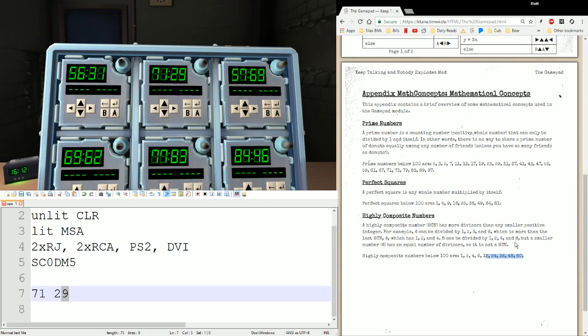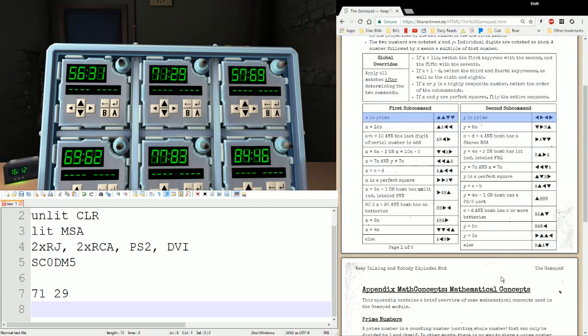So, these are your highly composite numbers: 1, 2, 4, 6, 12, 24, 36, 48, 60. 4 to memorize, and then the first 5 multiples of 12. Are either of my numbers a highly composite number? Do they fit this list? No, they don't. So, that rule does not apply.